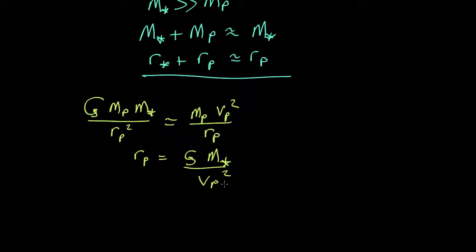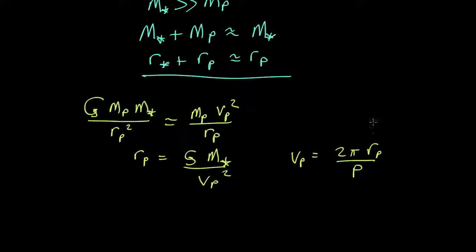We don't know what v planet is because we don't measure the movement of the planet. What you measure is the reflex motion of the star itself. So what we know is not v planet, but maybe either the radius of motion of the star or the velocity of the star. But we do know that v planet equals 2 pi r planet over the period.